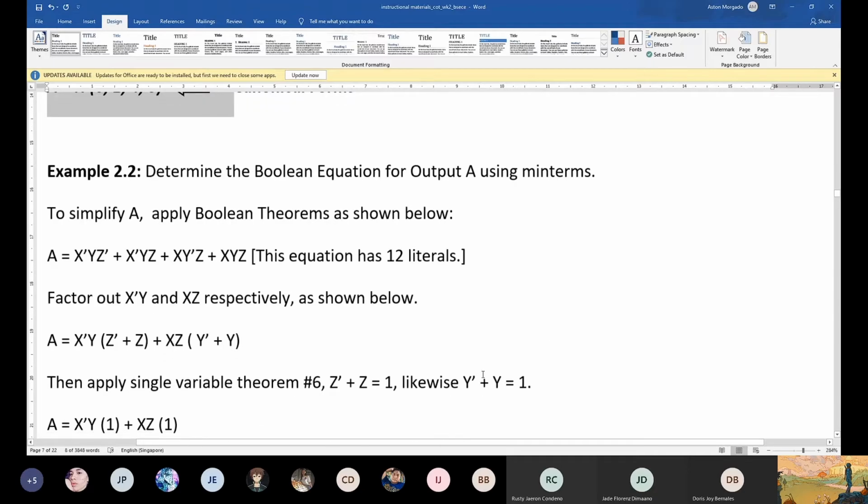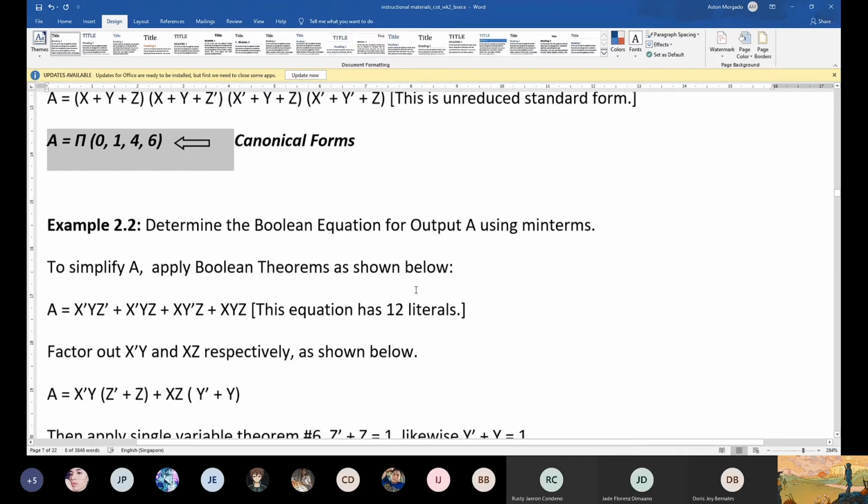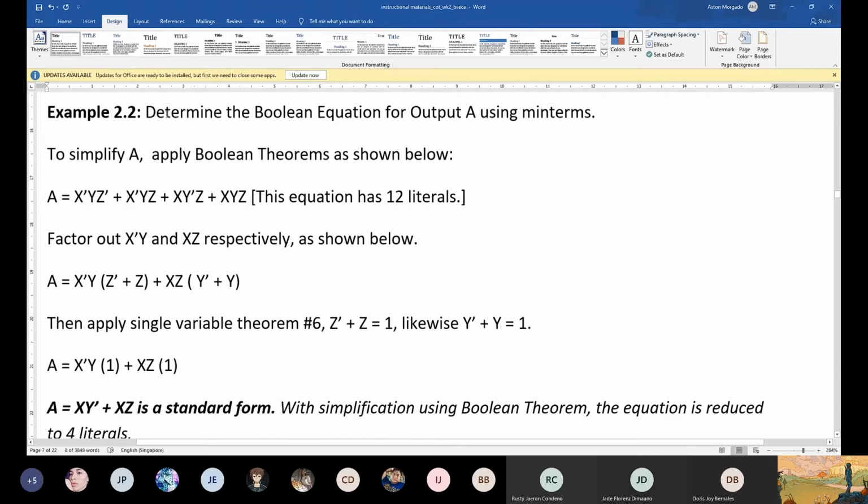So this is what we did earlier. Determine the Boolean equation for output A using minterms. So we have done this earlier. We have 12 literals.